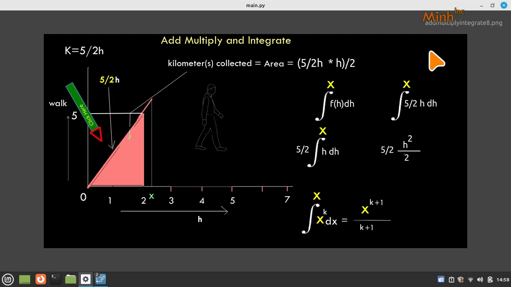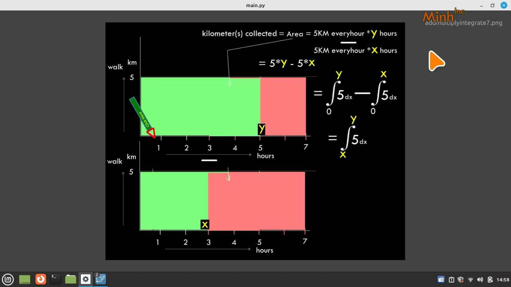The person is moving at a speed of 5/2 per hour, which means at 1 hour his speed is 5/2, that is 2.5, and at 2 hours his speed is 5. So he is accelerating, meaning he started from rest and then he is increasing his walking speed. So it's not constant.